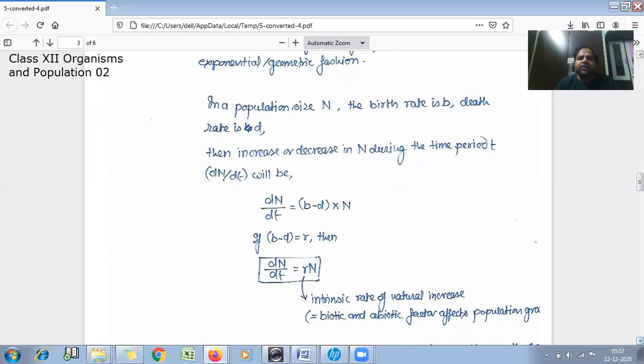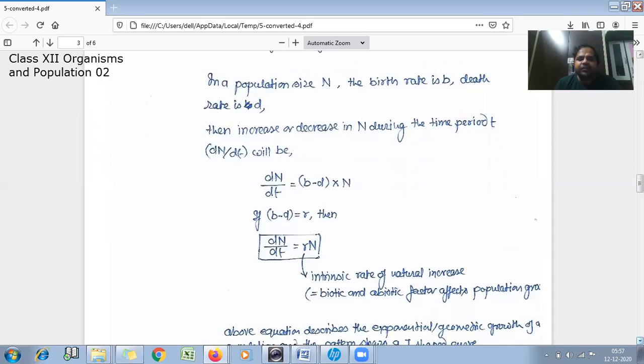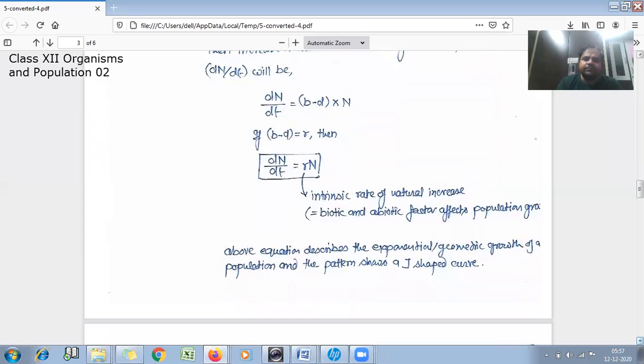Now we will see what is the meaning of r here. We have seen that r represents nothing but the birth rate and death rate. So here r is the intrinsic rate of natural increase, and it is regulated by biotic and abiotic factors which affect the population growth or population density.